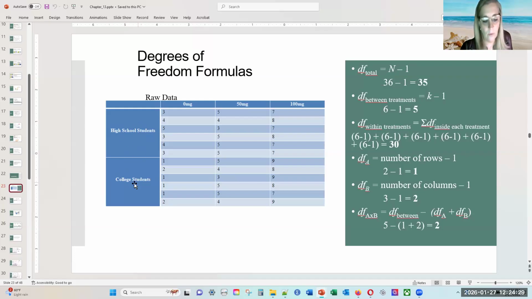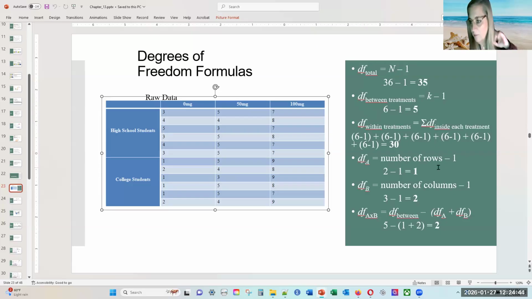One is high school students, the other is college students. So when we're looking at them together, each group consists of 6 people. It might help for you to draw things out when you're doing this as well. So that is degrees of freedom for between treatments.